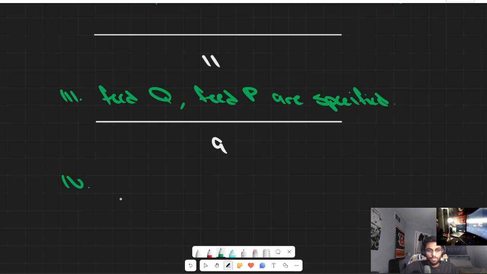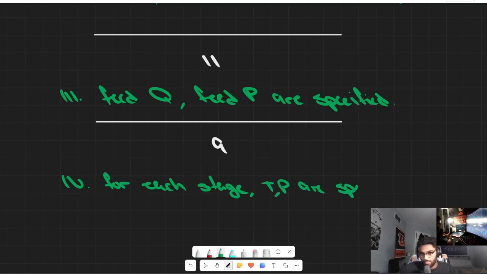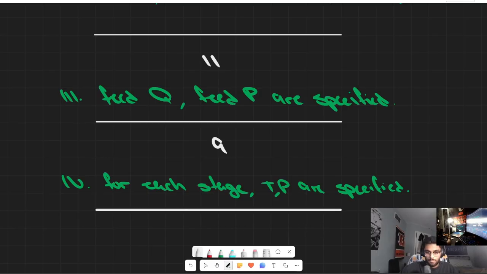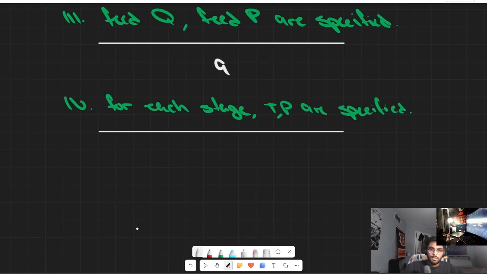Now, also, what we can do is say that for each stage, the T and P are specified, and this accounts for another 2 degrees of freedom.